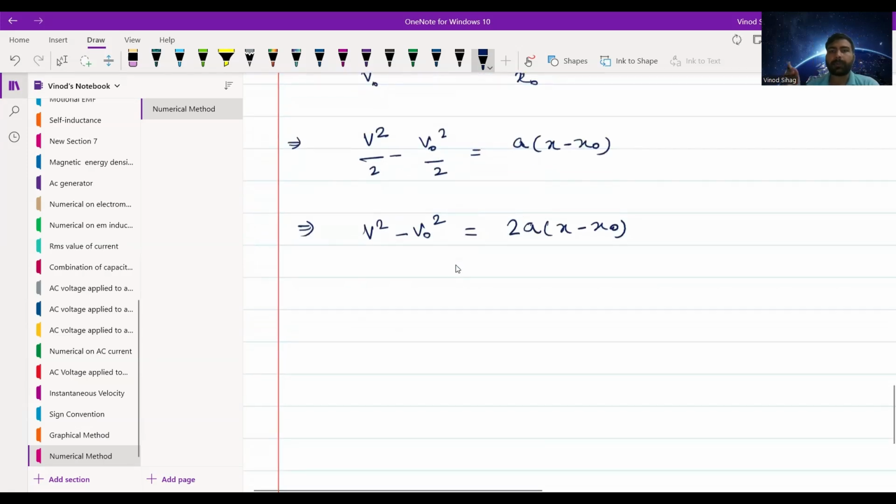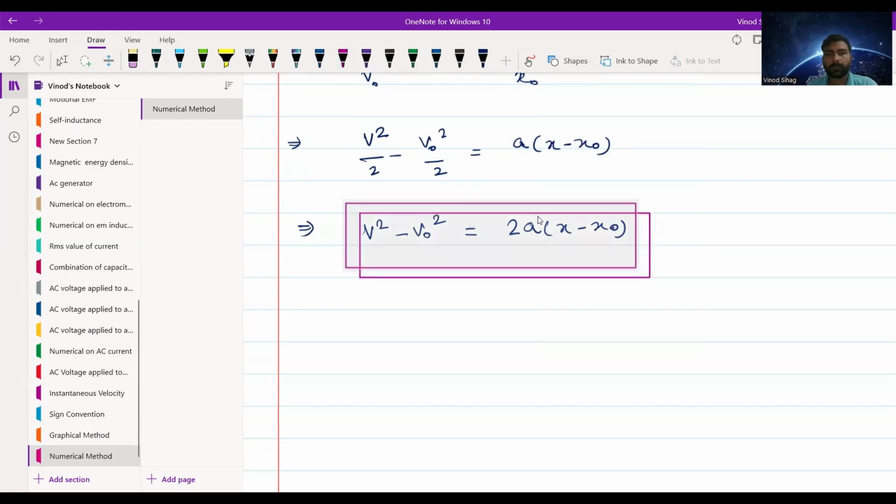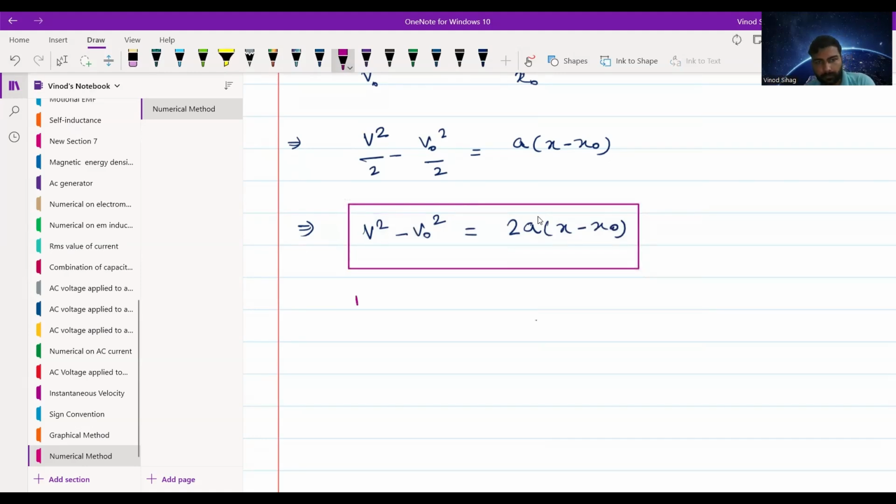And this is the third equation of motion.